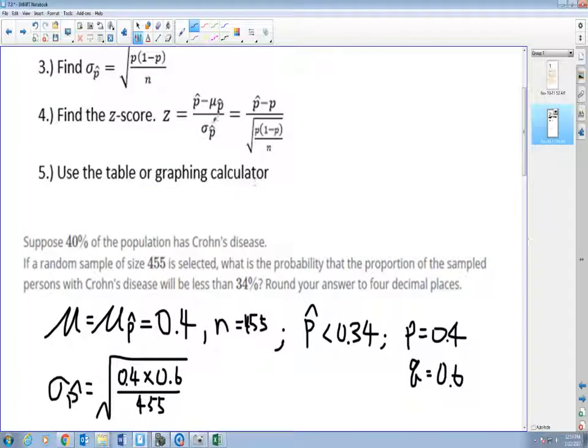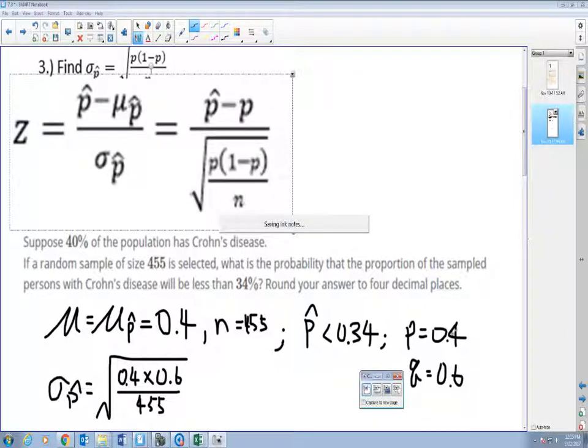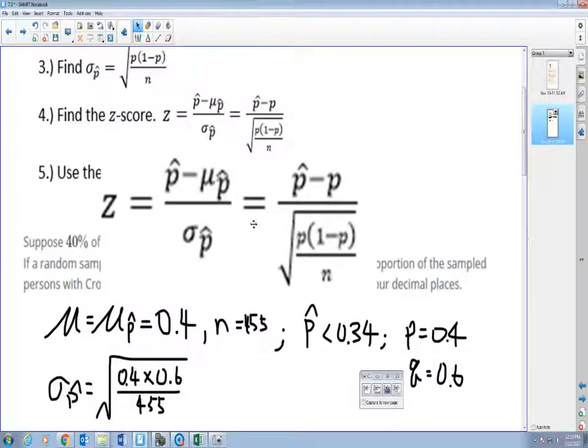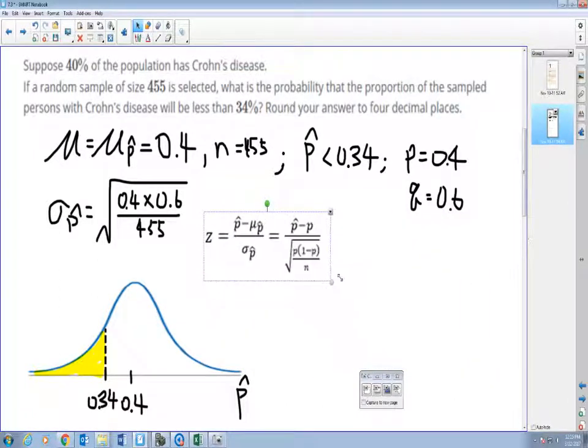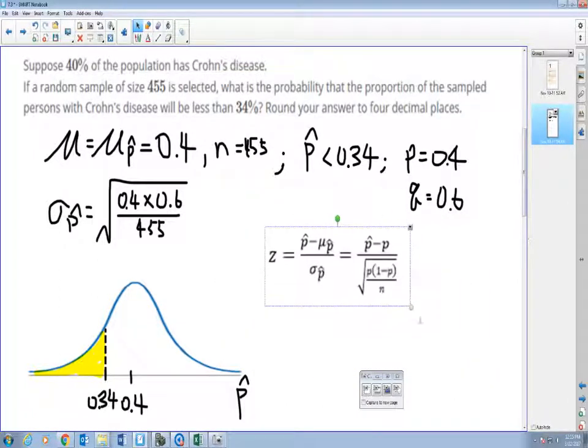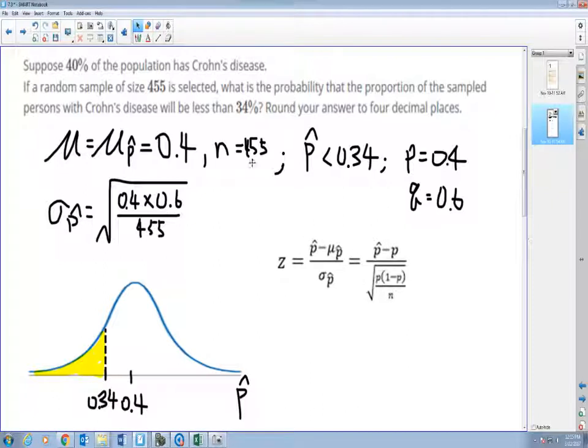All right, so let me just copy this formula to convert into a z-score. This big old formula. Oops, sorry. Okay, got the formula right here. So when I extract this information from the problem, I'm looking at this formula.